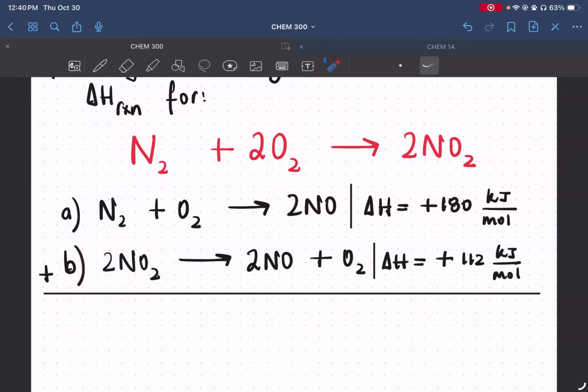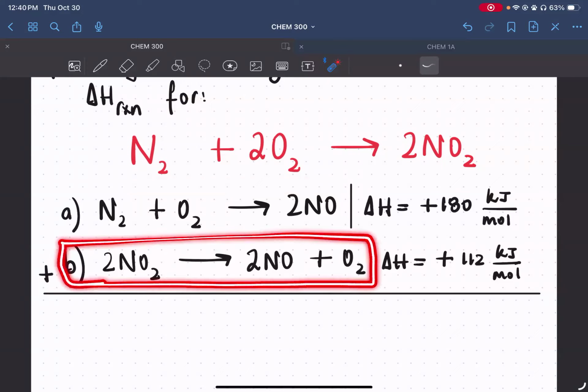I mean, take, for example, N2 and 2O2. N2 and 2O2 are reactants, and we can see that N2 and O2 are reactants in A. So that's fine. But we need to do something to B to make it look like what we're expecting.